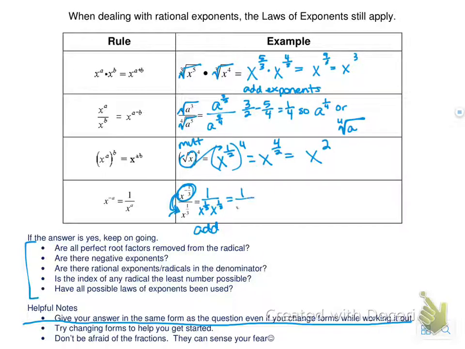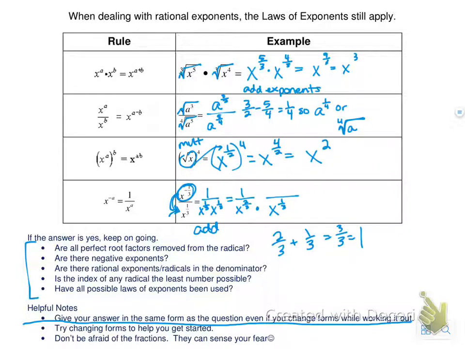x to the 2/3. Now one of our rules is that there cannot be rational exponents in the denominator. Okay? Can't be rational exponents in the denominator. So I need the denominator to be 1. This is the trickiest, hardest question. The way I can make the denominator 1 is I can multiply by x to the 1/3, because 2/3 plus 1/3 is 3/3, which is 1.